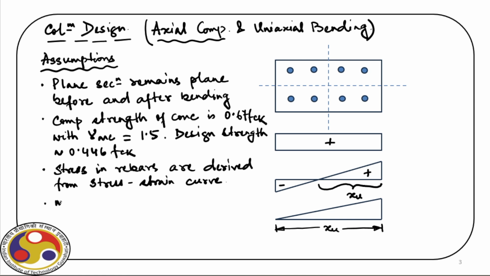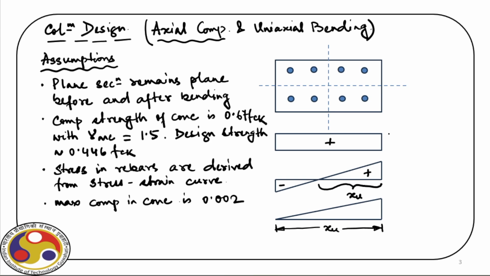Next, maximum compression in concrete is 0.002.